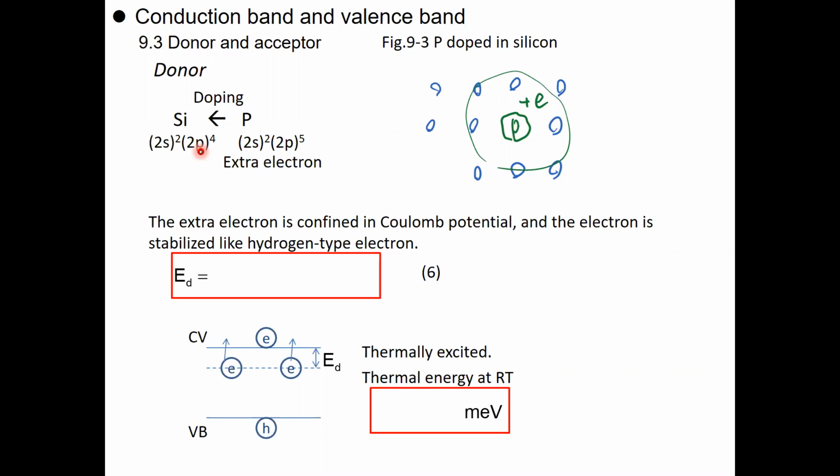So to control the number of charge carriers, people found how to increase charge carriers by doping phosphor. Phosphor is next to silicon in the periodic table, so it has 1 extra electron.